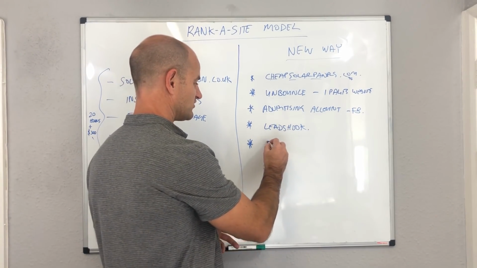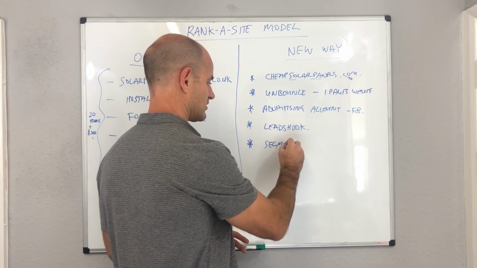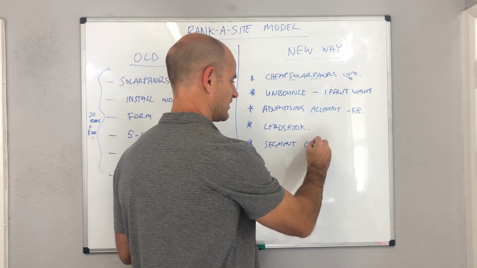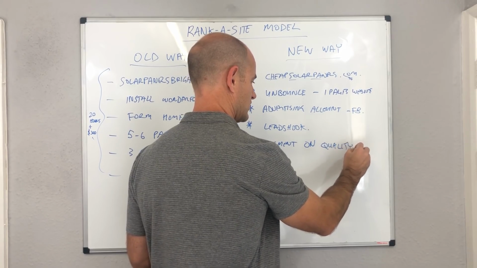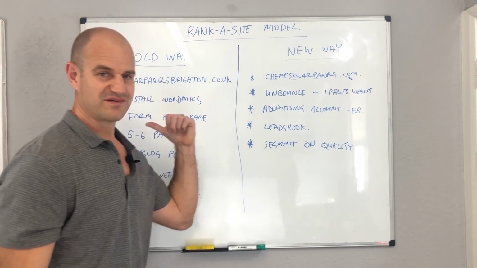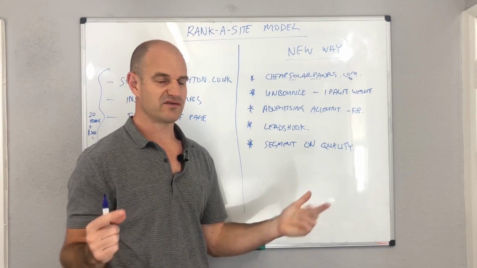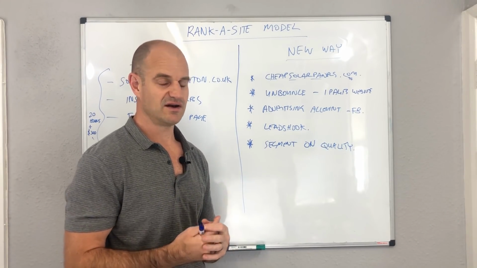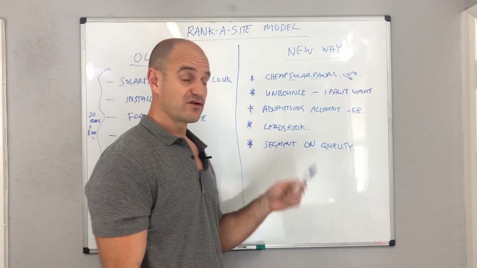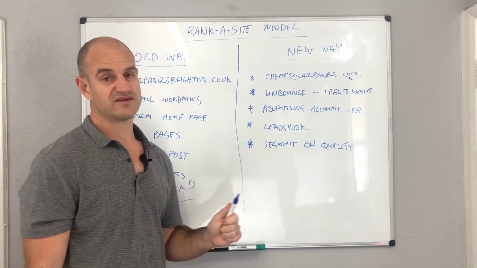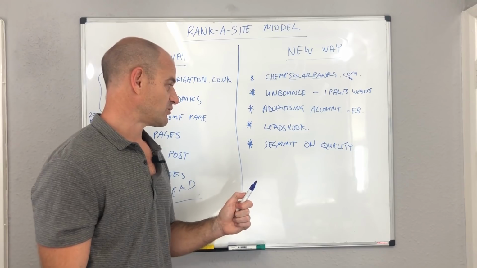So you're able to segment on quality as well. In the old model, whatever came in got sold. It doesn't matter if it's a crap lead or a good lead. Okay, you didn't have that flexibility because they were so rare. So if you've got a quiz, you're able to segment on quality as well, which is really valuable.